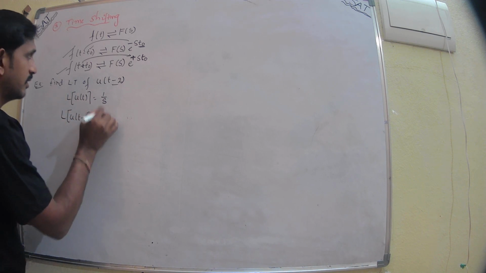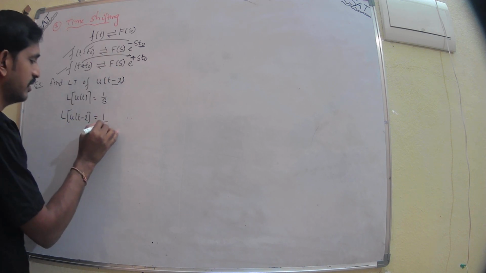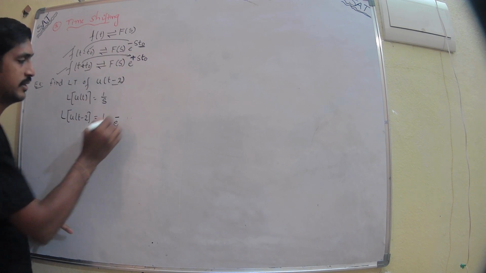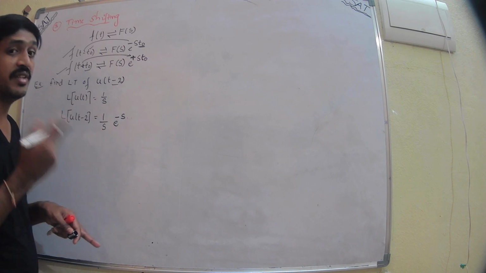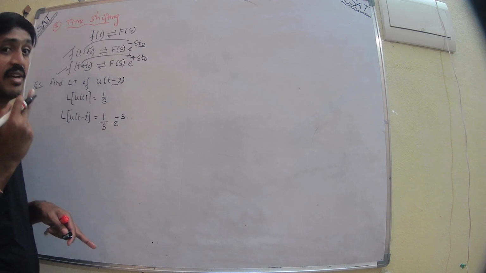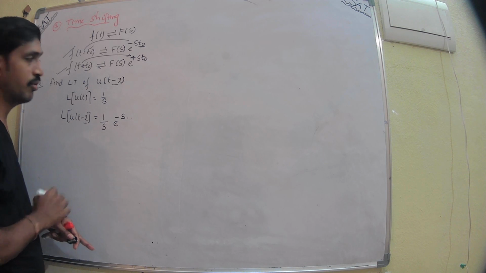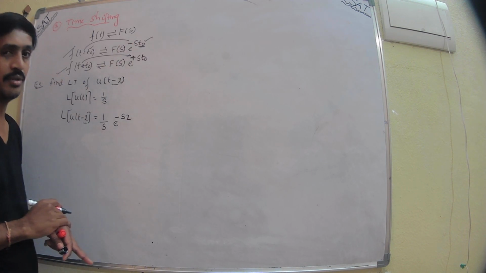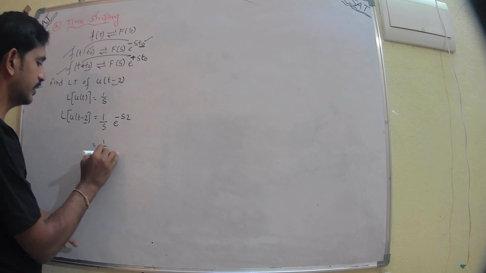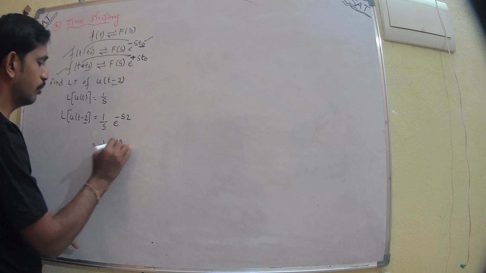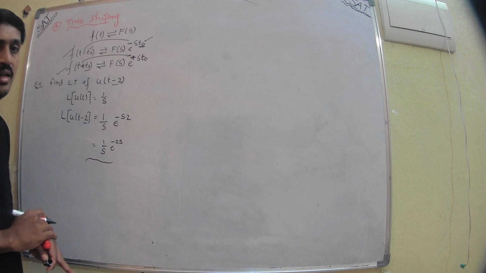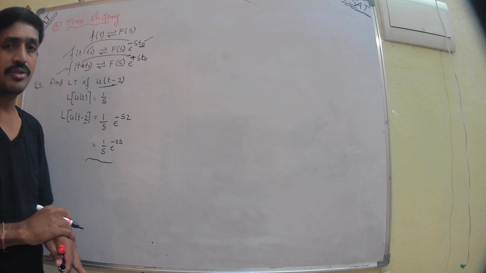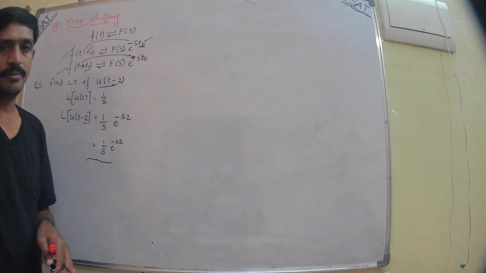Then 1 by s in the place of F of s, multiplied by e power minus s into, since we shift u of t by the factor of 2, in the place of t naught we substitute 2. So minus s into 2. I can write 1 by s into e power minus 2s. This is the Laplace transform of u of t minus 2 by using the time shifting property.